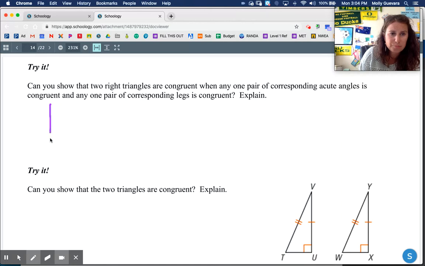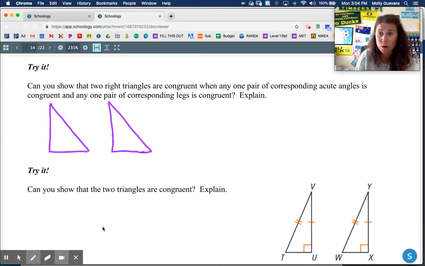So I have two right triangles. So the easiest way, if you don't know how to do something, is to draw it, right? I'm going to draw it. So A, B, C, D, E, F. Okay, and I know that these are right triangles because it tells me show that two right triangles.